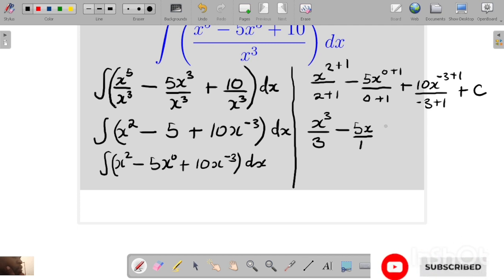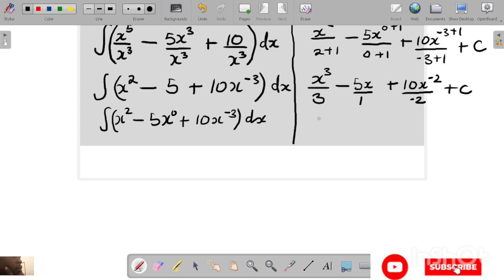Then plus 10x to the power negative 3 plus 1 is negative 2, over the new power, which is negative 2, plus c.